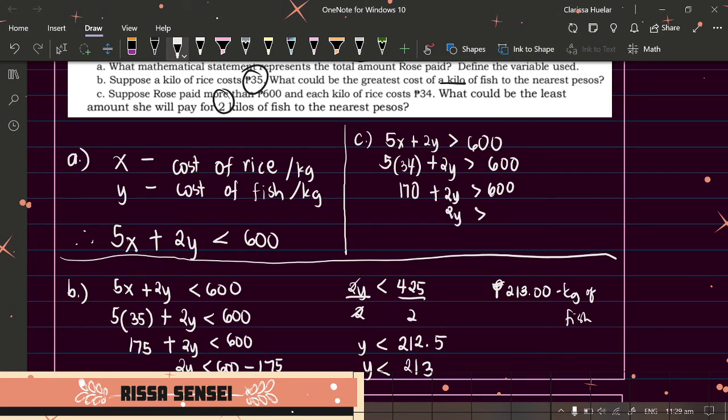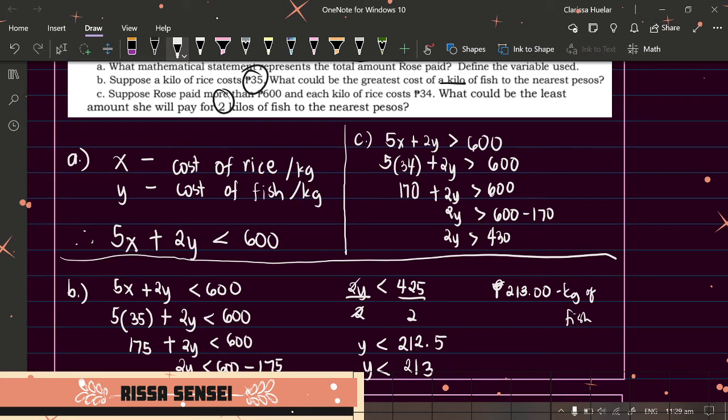So, 2y greater than 600, we change the sign of this from positive to negative. And 2y greater than 600 minus 170 is 430 pesos. And we round off to the nearest pesos. So, it means that if she buys 2 kilos of fish, it should be higher than 430 pesos.